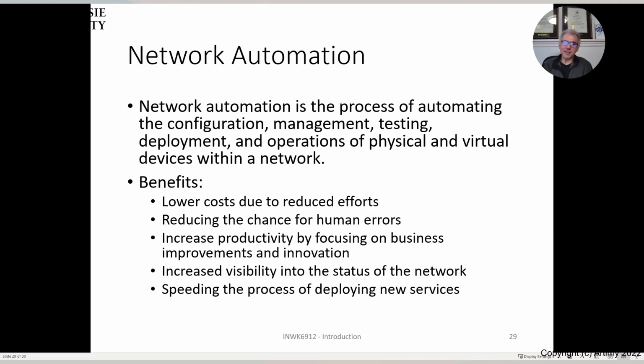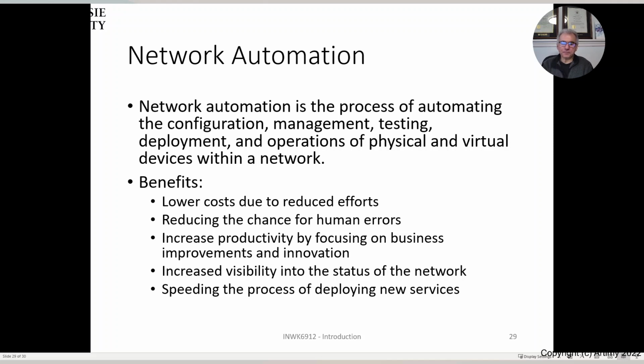Configuration is probably the least exciting part of the job. You may get excited about configuring something for the first time, but when you do it over and over, you're not going to be excited anymore, and you would rather do something else. So automation will give you a chance to do other things.